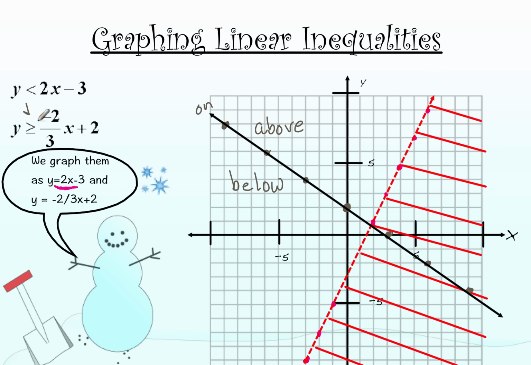According to this symbol right here, it wants me to shade in everybody who is above, because that's what greater than means, and equal to. Well, the equal to is why we made it solid. And the above, well, there's the above. So now if I were to shade this in, it would go this way.